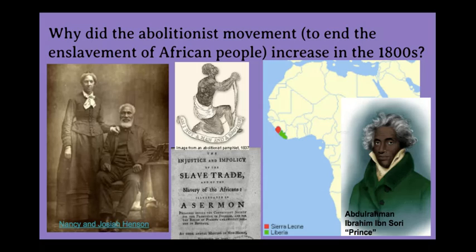A couple of other things happened at the same time period to raise the status of enslaved people and to make abolitionists feel the humanity of those who were enslaved, to feel like these enslaved people were really human.